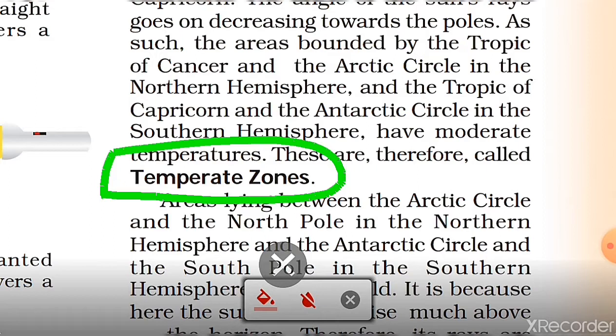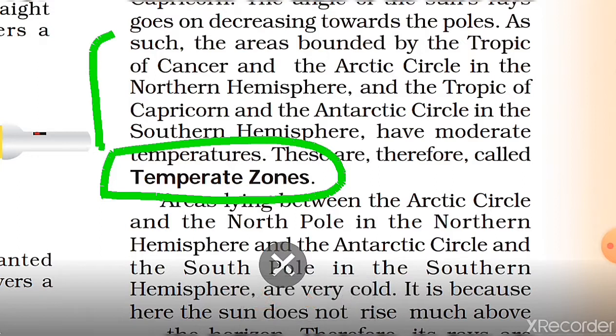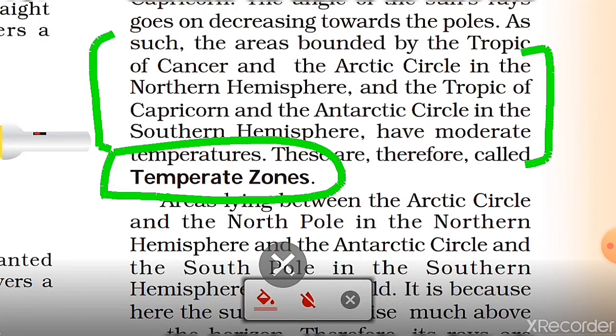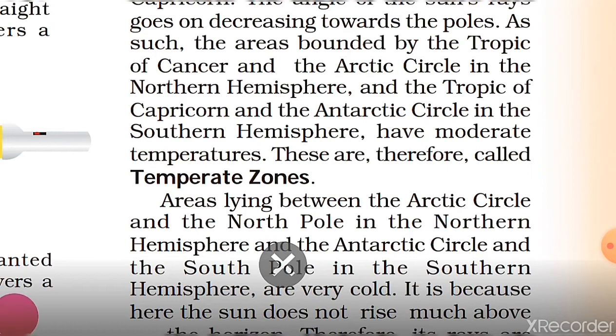These are therefore called temperate zones. You will read this para and get this point, and I have also shown you a figure. Okay, you got this point.